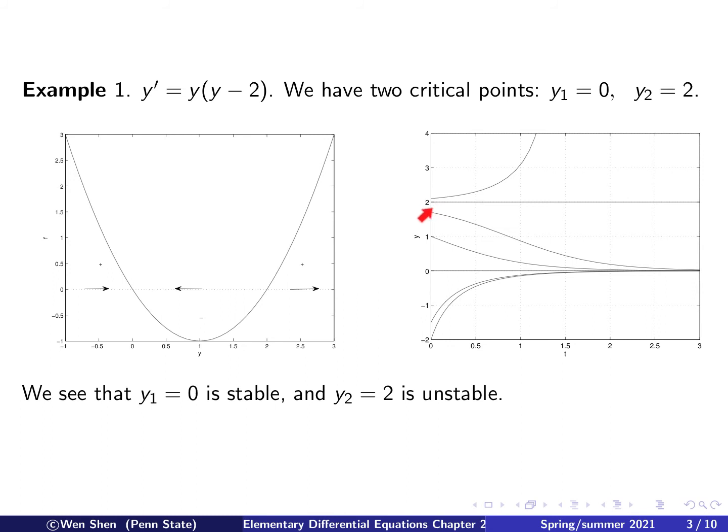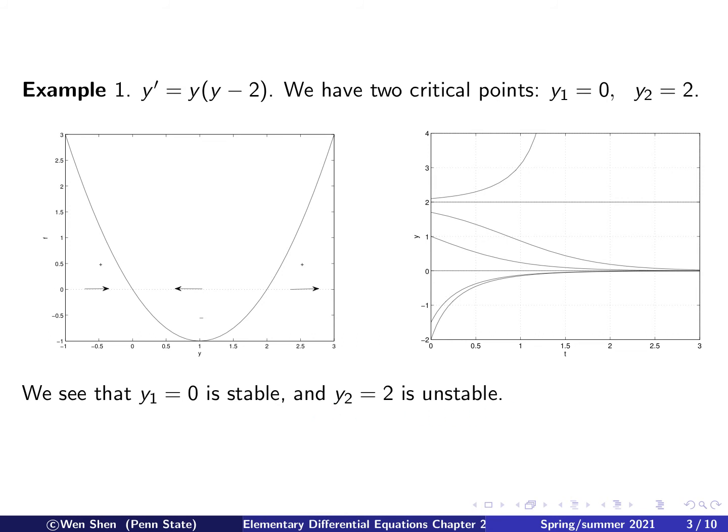Say you have a value a bit smaller than 2, then the solutions are decreasing. It will go further away from 2 and go to y equals 0. But you never return to the equilibrium y equals 2. So therefore we call this unstable.